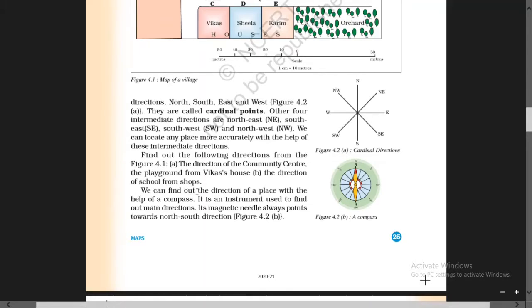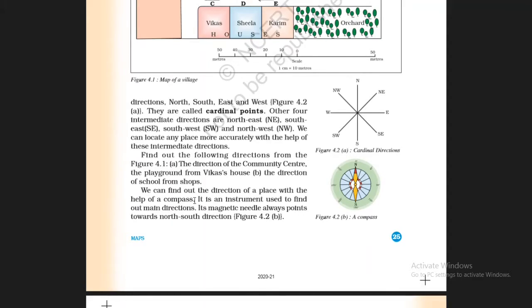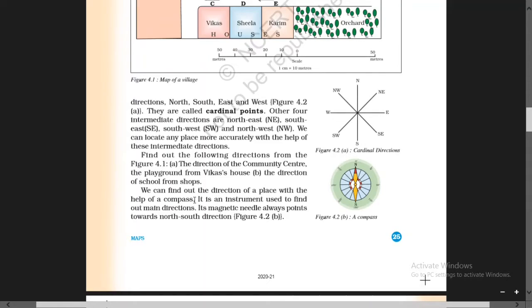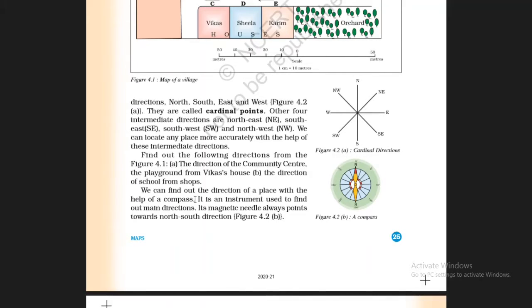We can find out the direction of a place with the help of a compass. The direction of a place we can find out with an instrument which is known as a compass. Boys, recently we have purchased this compass for our geography lab.